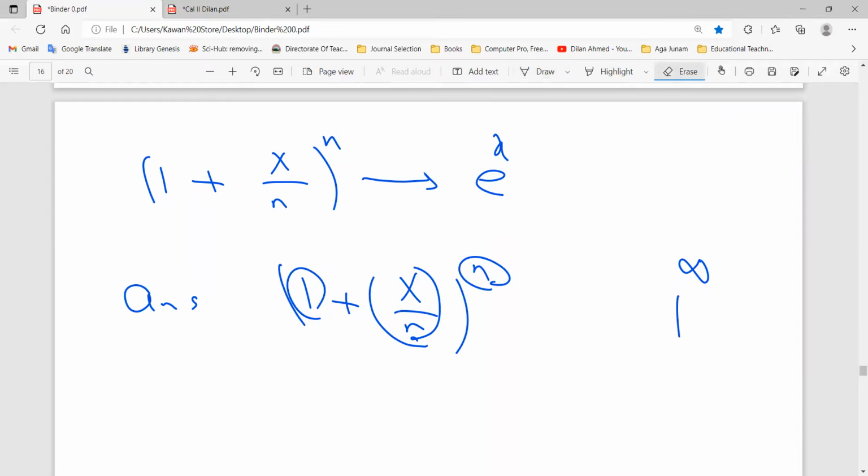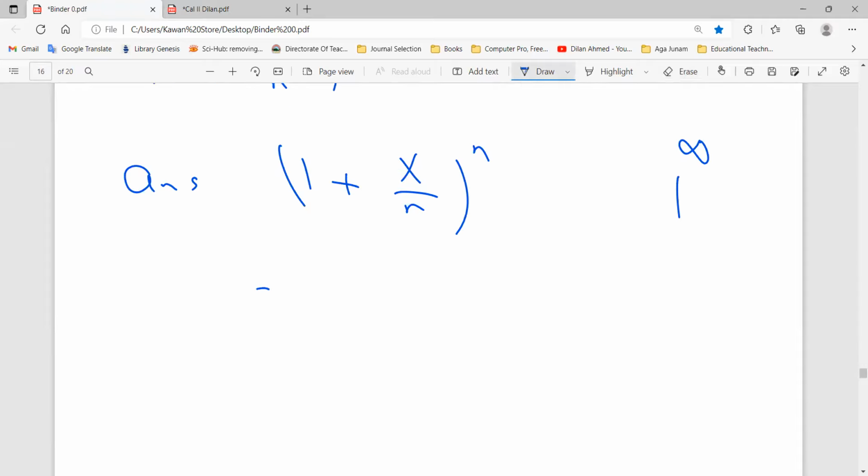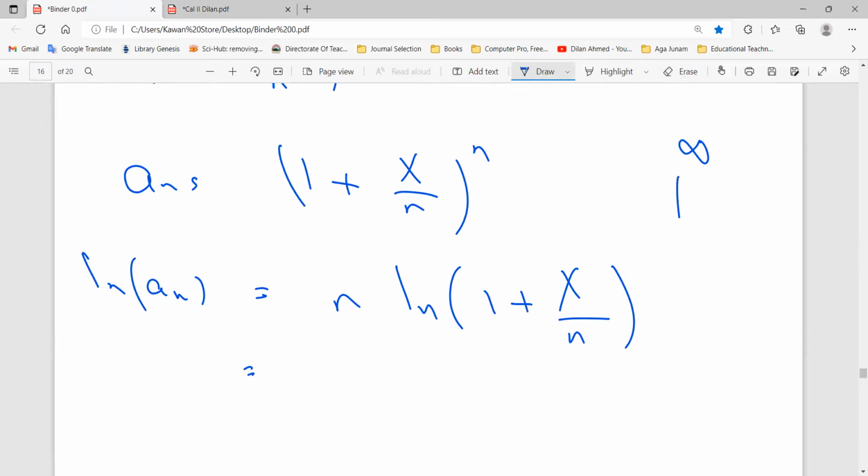So how do we deal with that situation? Same way: take ln. Oh, and x, careful. Am I right? Then now I have infinity times 0. How do we change infinity multiplied by 0?